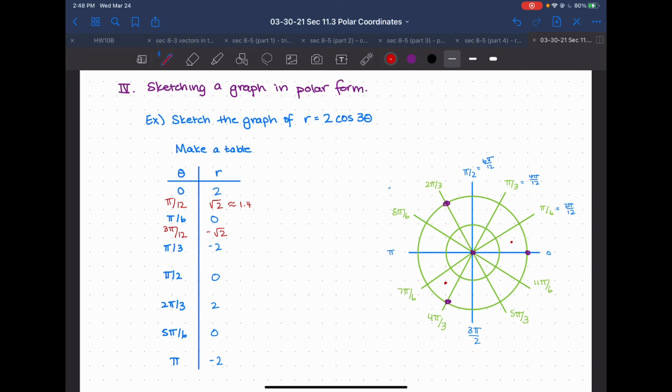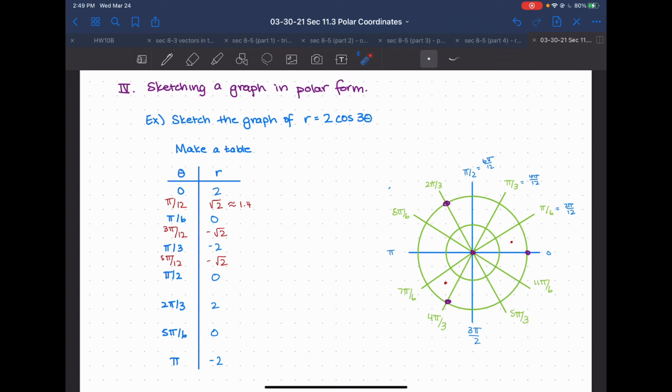All right. Then we have 5 pi over 12. And 3 times 5 pi over 12 is 5 pi over 4. Cosine of 5 pi over 4 is negative root 2 over 2. Times 2 is still negative root 2. So 5 pi over 12 is this ray right here. But again, we're going to go in the negative direction.